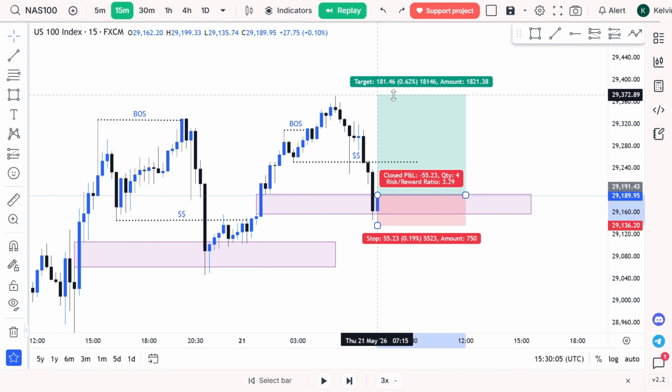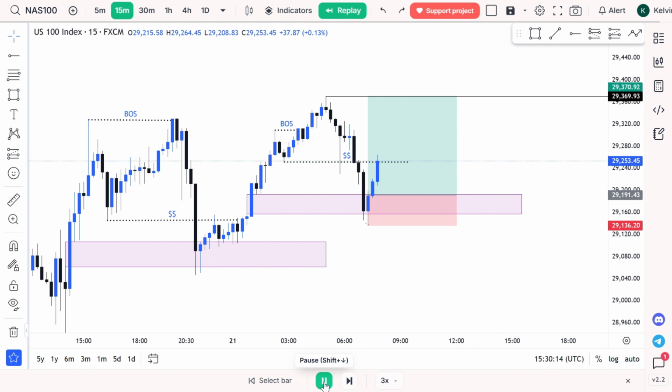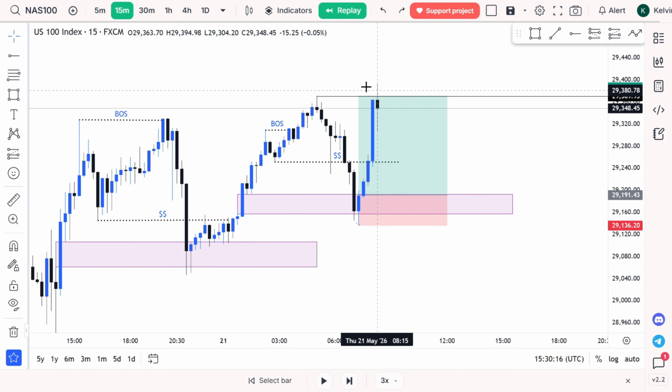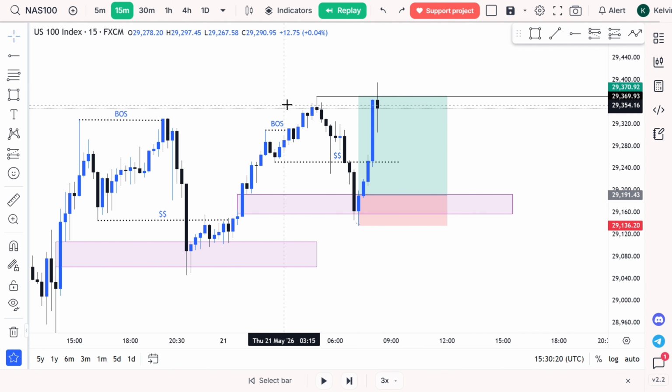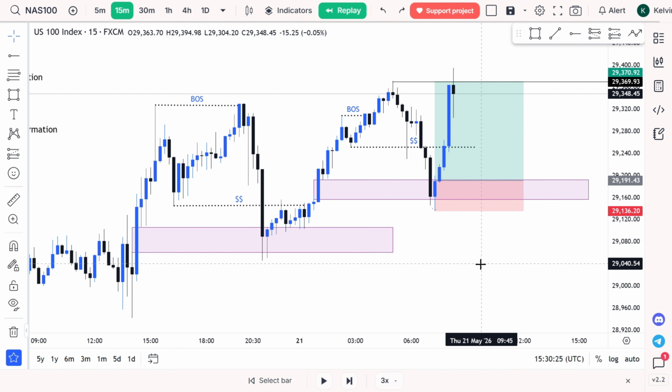So if you target that external liquidity, which is up there, that can be your take profit as well. So if I play price out, you can see clearly price went up, and you can see that price mitigated and tapped into our profit.